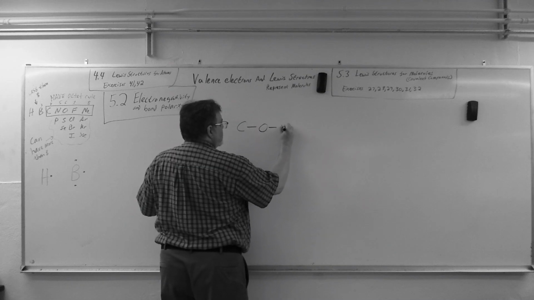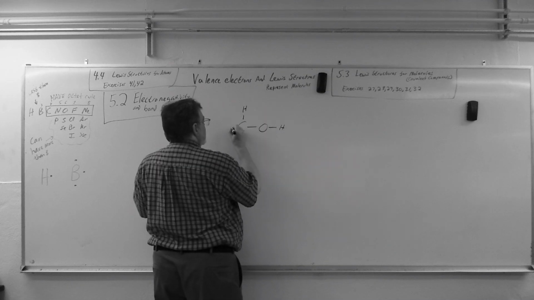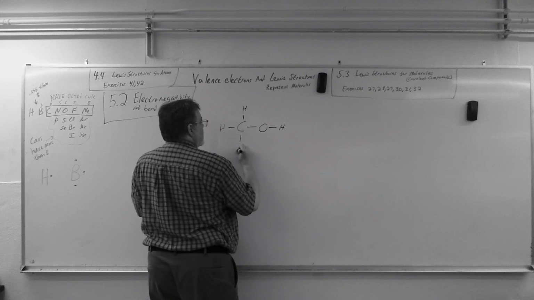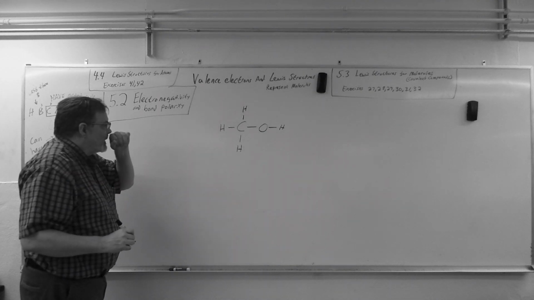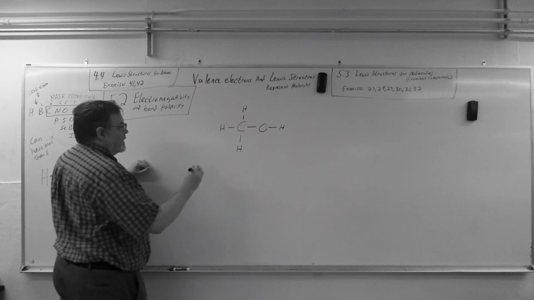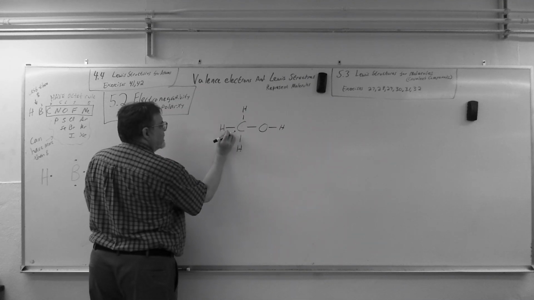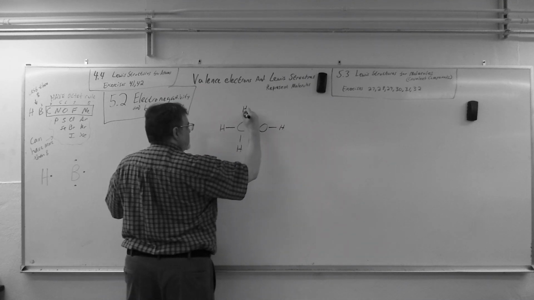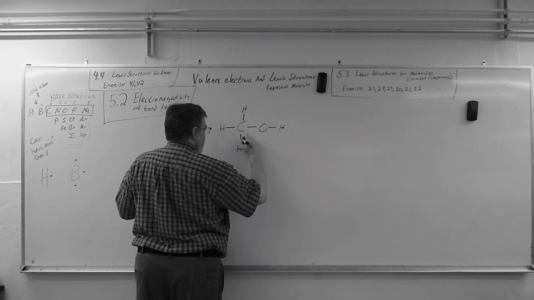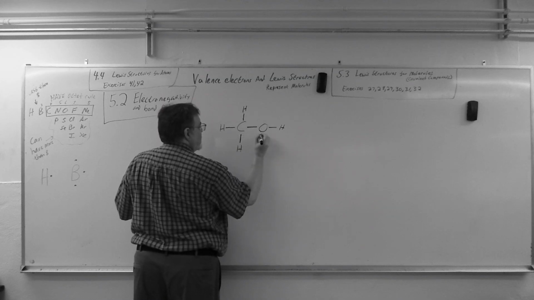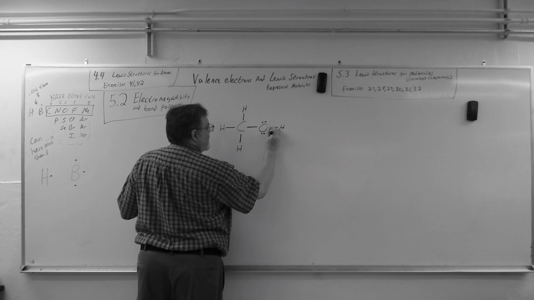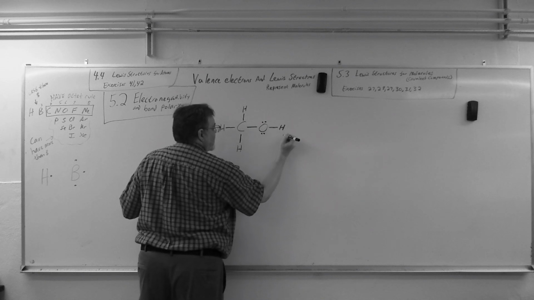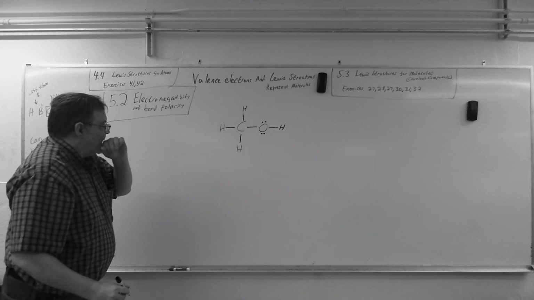Let me just stick together a quick molecule here. Bond polarity. So hydrogen and carbon is sharing this pair of electrons. Same here, same here. Carbon and oxygen are sharing that pair of electrons, and this oxygen and hydrogen are sharing this pair of electrons. All right.